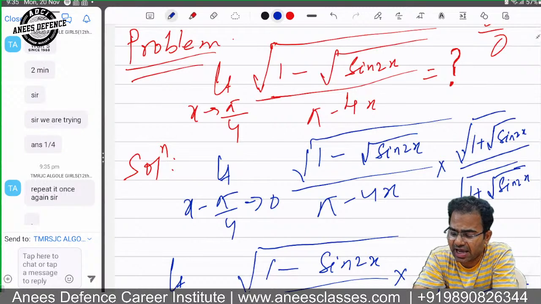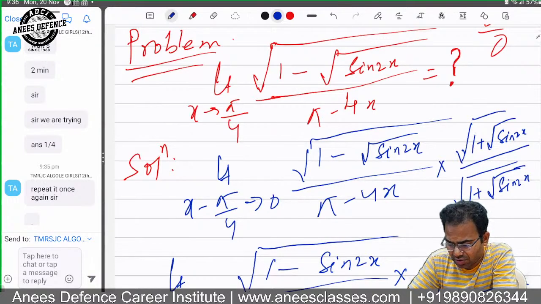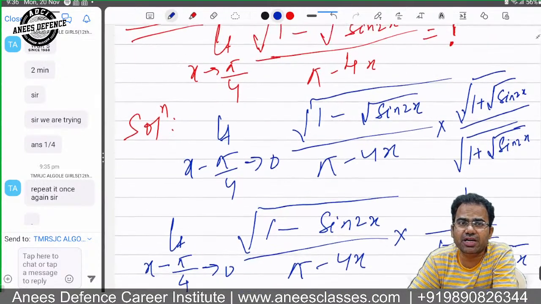I will take rationalization factor of numerator of the inside roots, okay? I'm taking rationalization factor for 1 minus under root sine 2x, so it will be under root 1 plus under root sine 2x. So I will multiply numerator and denominator both.